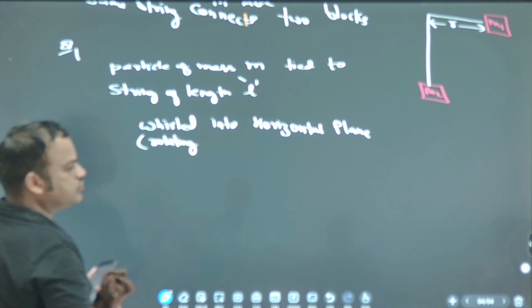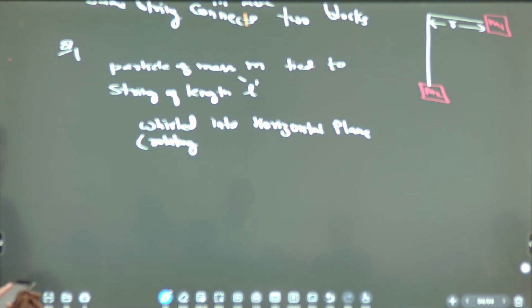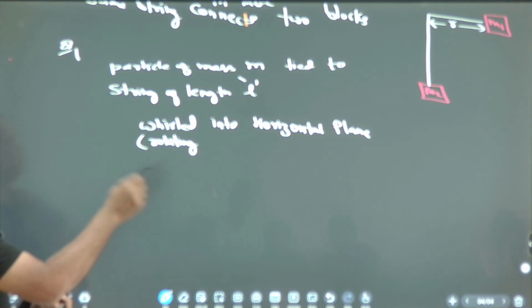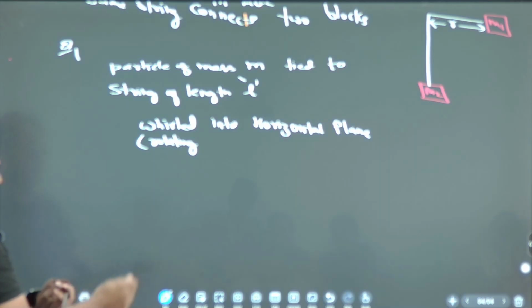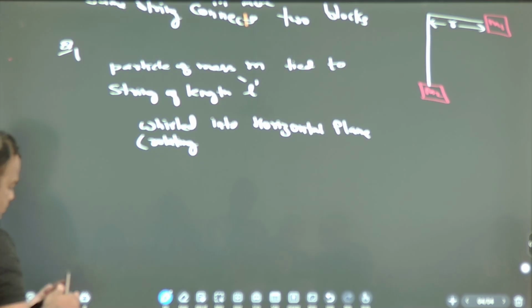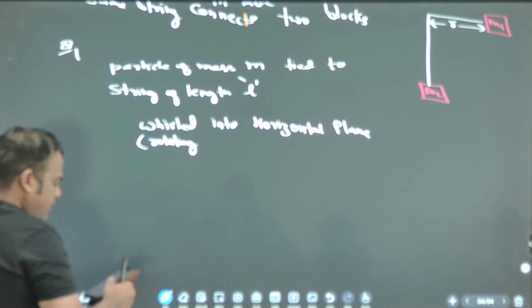Okay, I have one wire. Tomorrow you bring one ball and string. Okay, this is known as whirl. This is known as whirl. Okay, like this. This is whirl. So whirl means horizontal plane. Rotating.